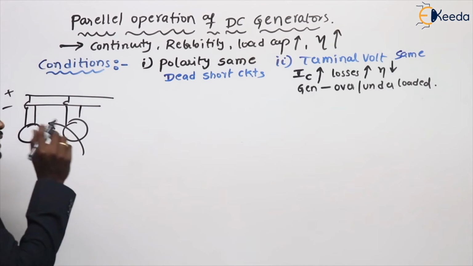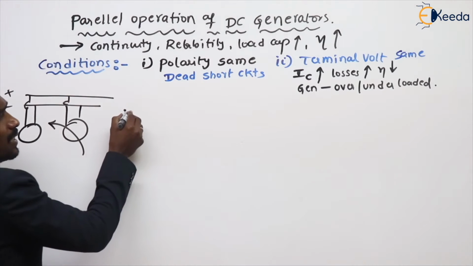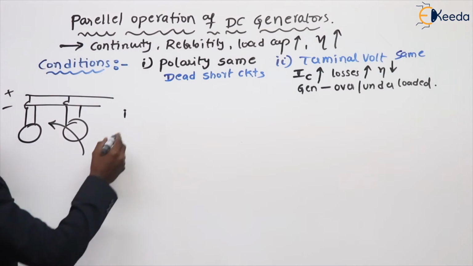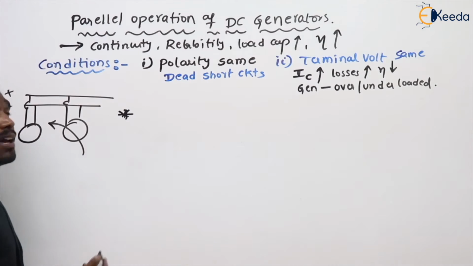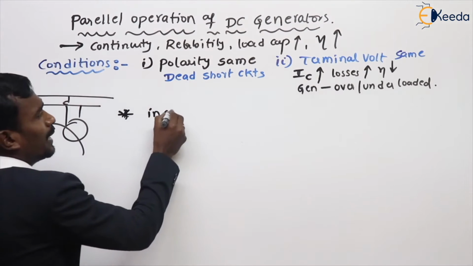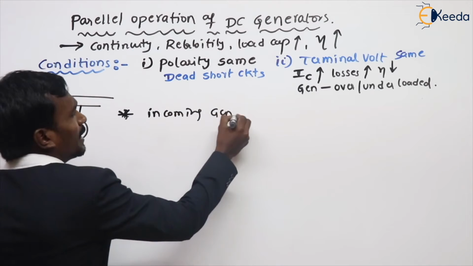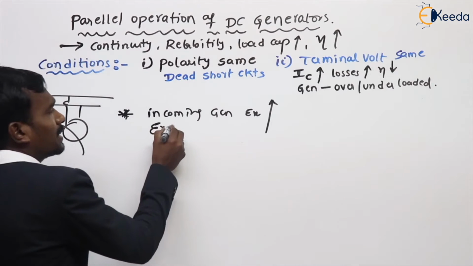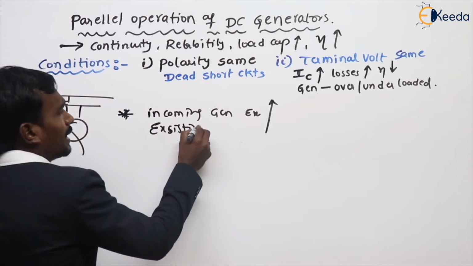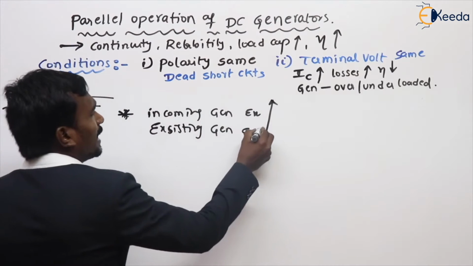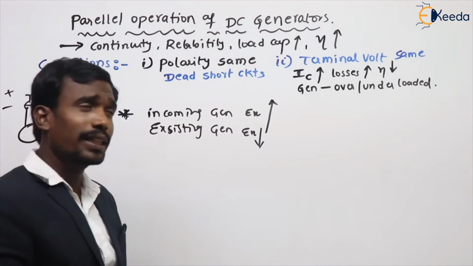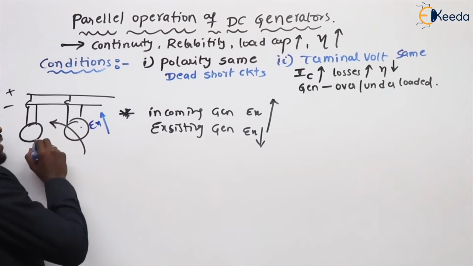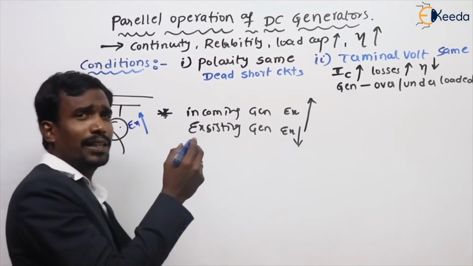In this case, during the parallel operation, the incoming generator excitation should be increased and the existing generator excitation should be decreased.